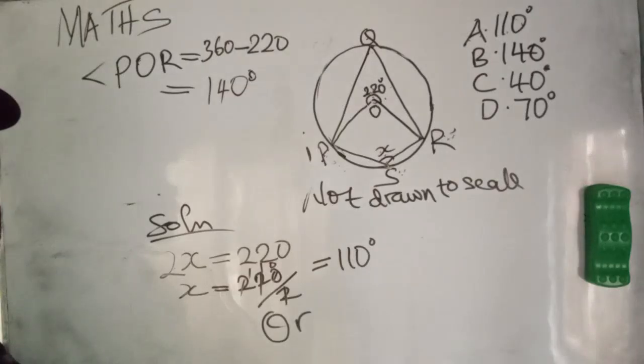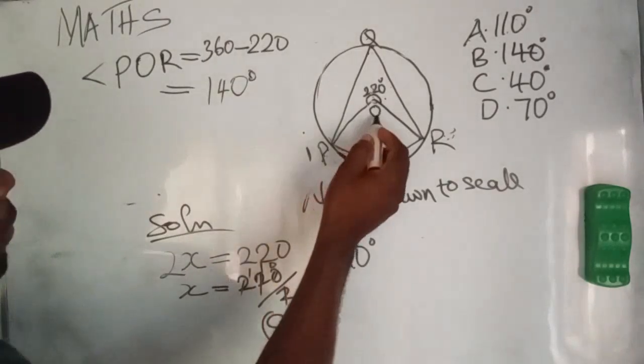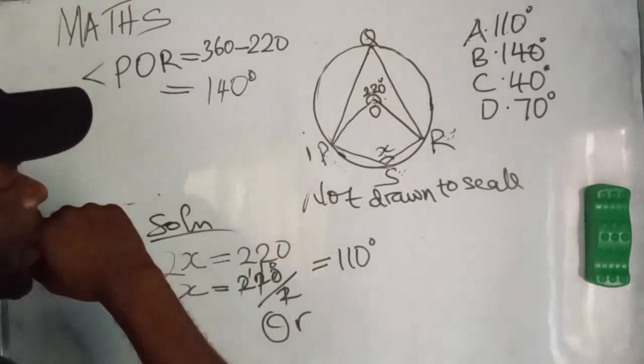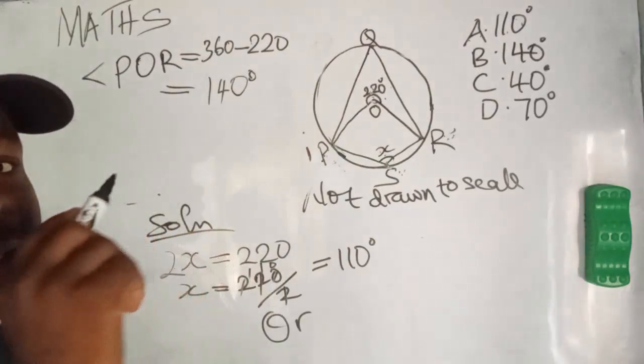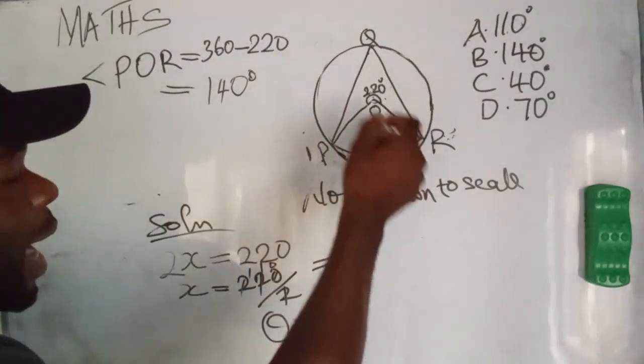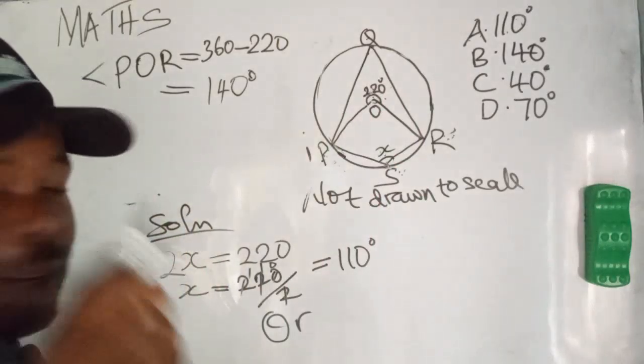Since we have 140 degrees here, remember that the angle at the center is twice the angle at the circumference.